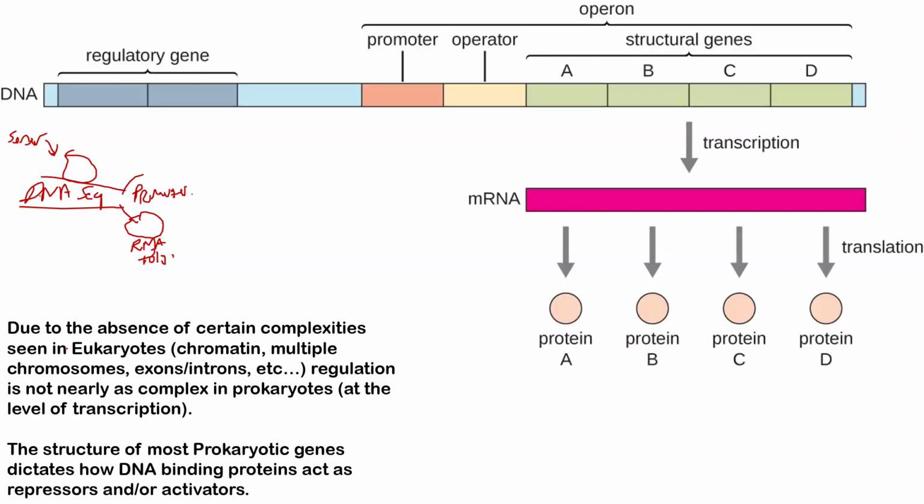Now, in eukaryotes, there are a number of different ways this happens, including interactions with chromatin, the fact that we have multiple chromosomes, exons, introns, and these vast 5' UTR regions where there's nothing going on, and then there's a gene. This leads to DNA sequences which can be enhancers.